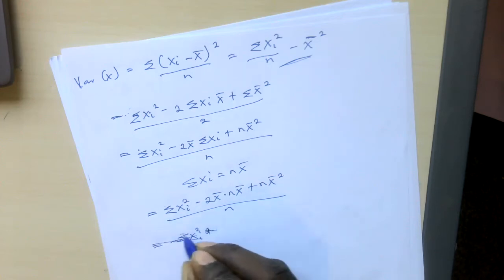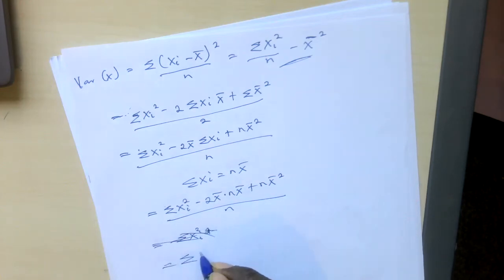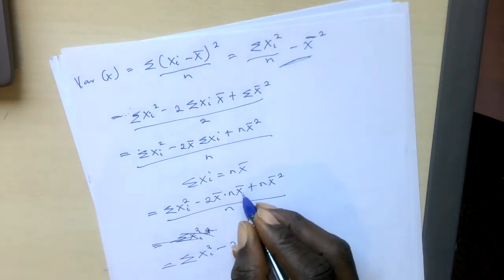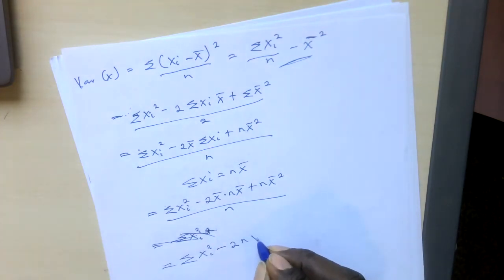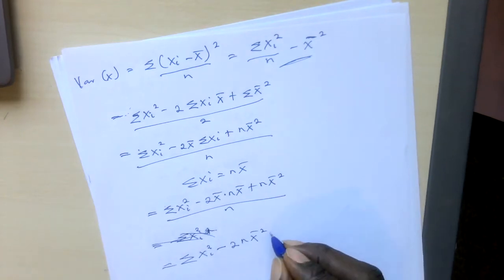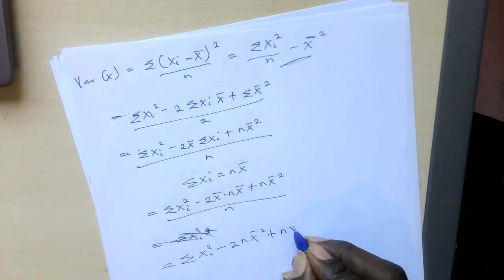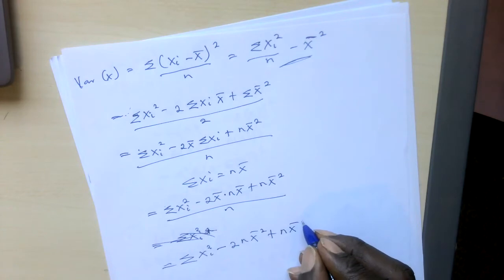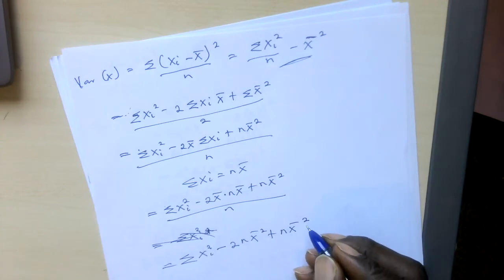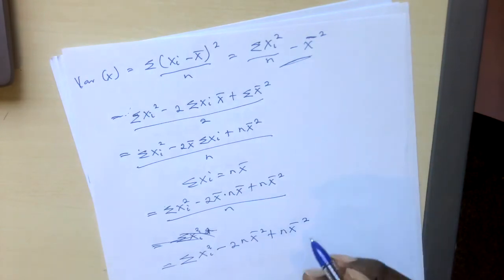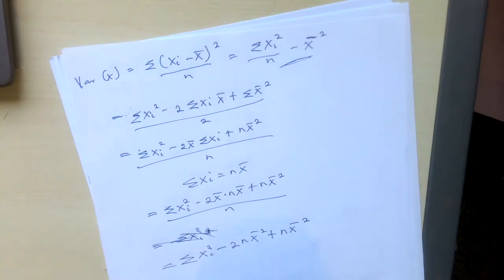Let's cancel this so you'll not be confused. So x bar i minus 2 n x bar square plus n x bar square. So minus 2 n x bar square plus 2 n x bar square, that is, you have n here.